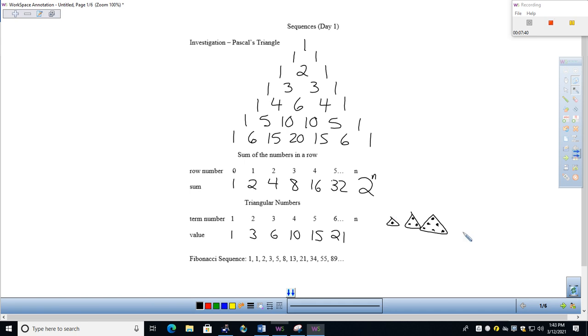And I could do this with 10, and I could do this with 15 and 21. So I can arrange them as elements inside an equilateral triangle. So they are called the triangular numbers. Just like square numbers, I could do the same thing with squares. Okay, well, I don't want to get caught up in that as well. Again, really just getting used to the idea of a pattern, that's all.